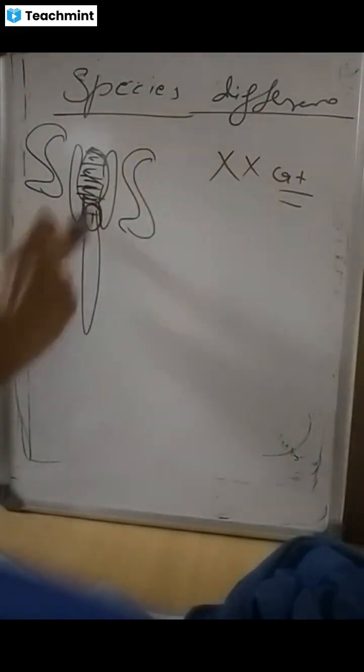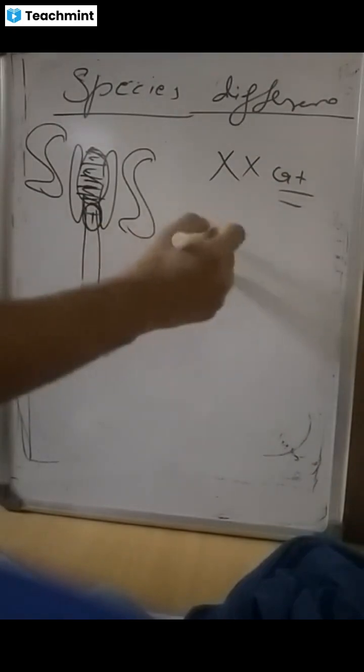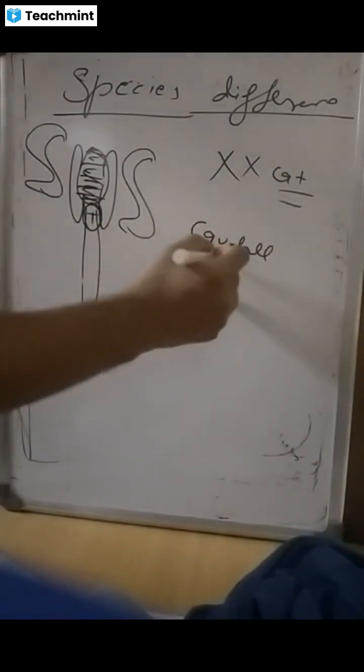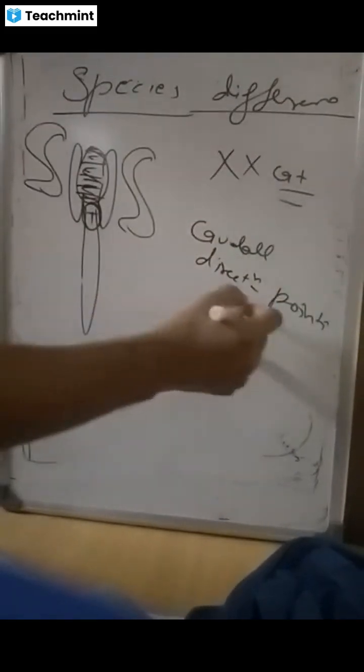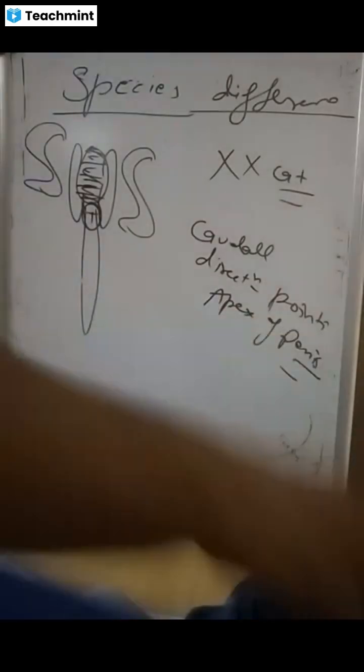But in case of cat this tubercle will not elongate, and it may result in caudal direction pointing of the apex of the penis. I will explain.